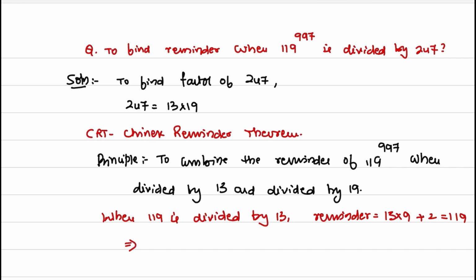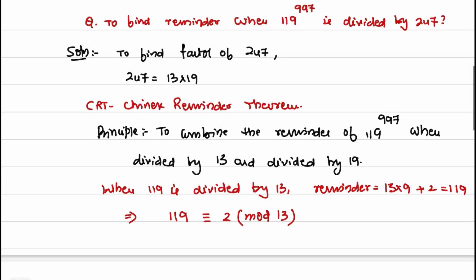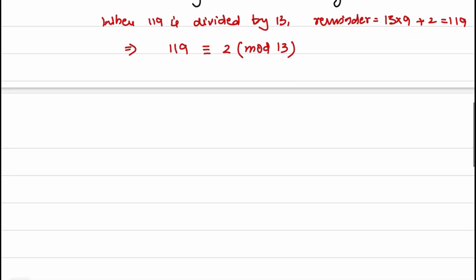That implies 119 is equivalent to 2 mod 13. That means when 119 is divided by 13, 2 is the remainder.